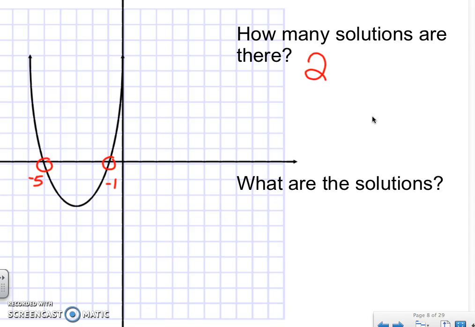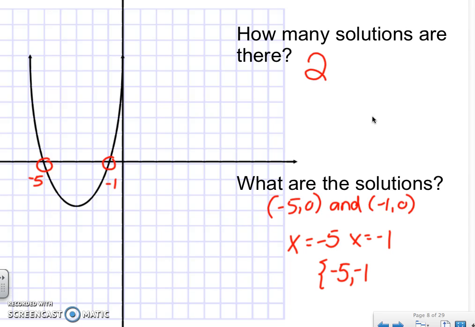So you can say that our solutions are (-5, 0) and (-1, 0). Or you could say x equals -5 and x equals -1. And you can write that as {-5, -1}. Okay. So again, look at the x-axis and see how many times it crosses. And then these are the three ways that you can choose to write your answer that all would be correct.